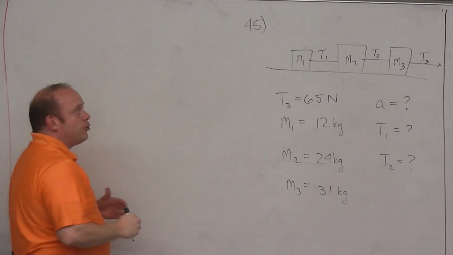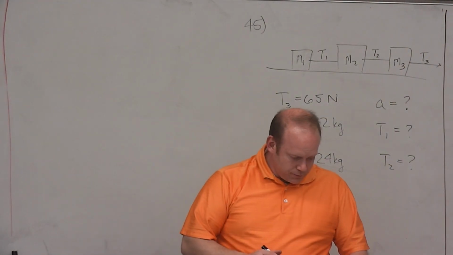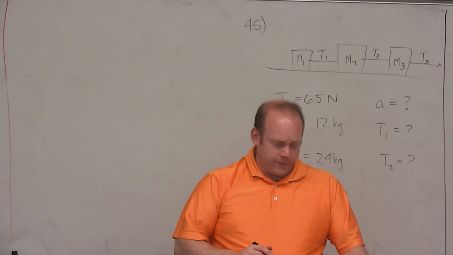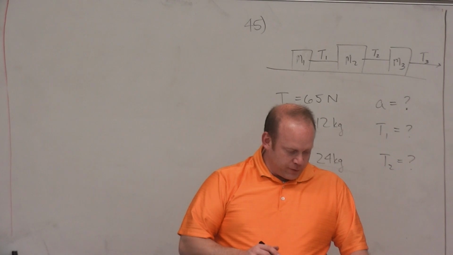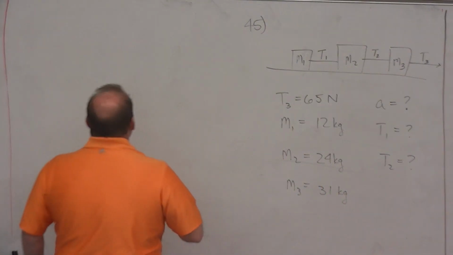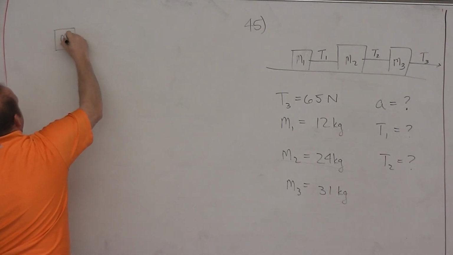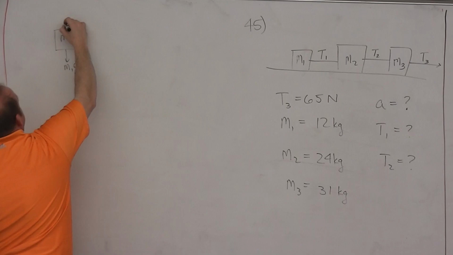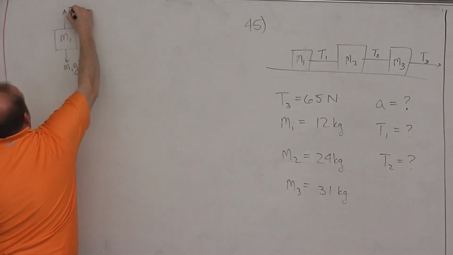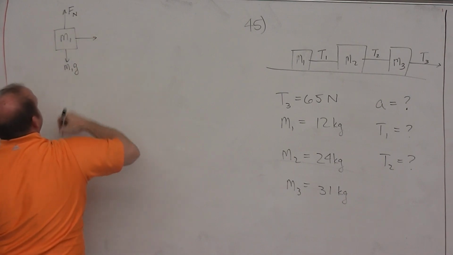Now, I'm going to include the normal force in this, but we're assuming no friction. So I've got M1 here, and I've got M1G going down, that's the weight, and I've got the normal force going up. I also have T1 that pulls in this direction.